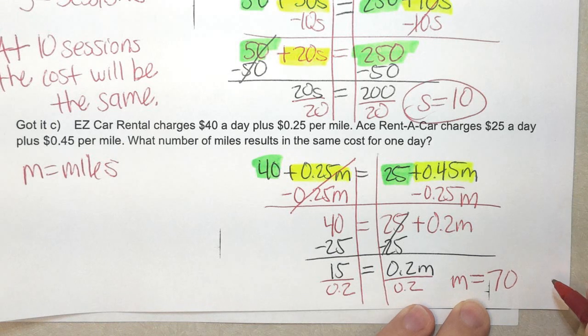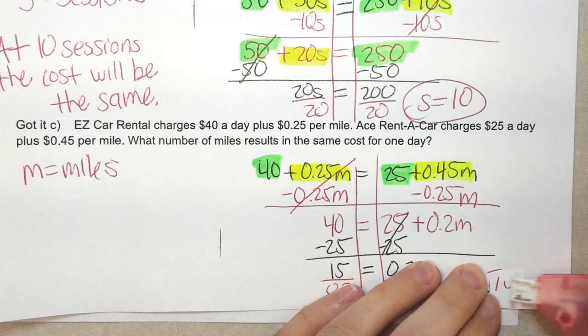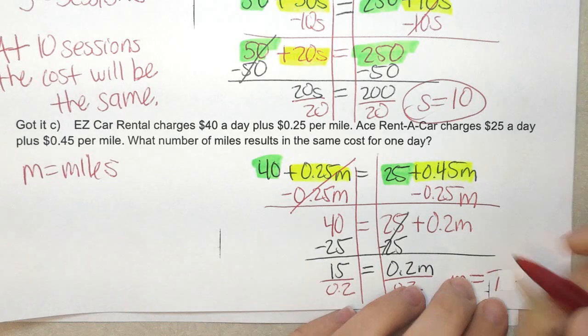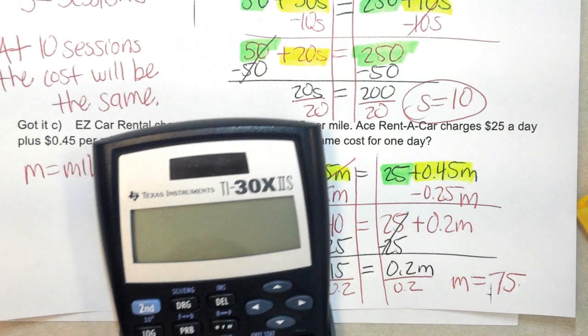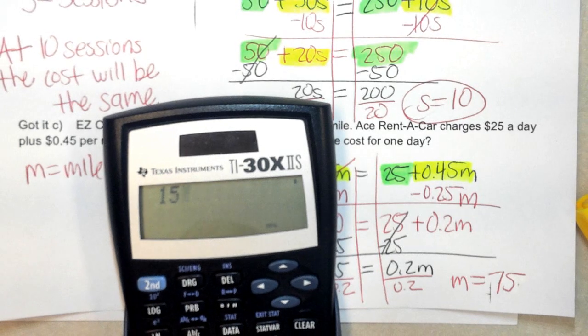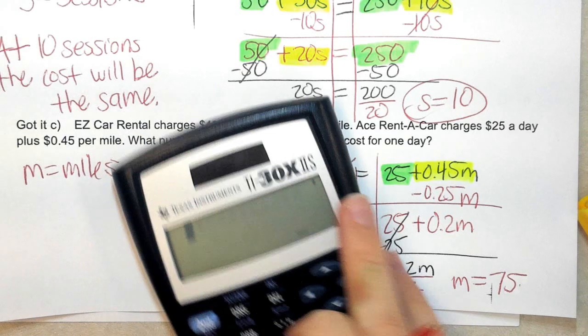It is 70, right? Oh, is it 75? I was remembering wrong from doing this in the past. 75. Okay. So that would look like this. 15 divided by 0.2, and that's where we're getting our 75 from. Okay?